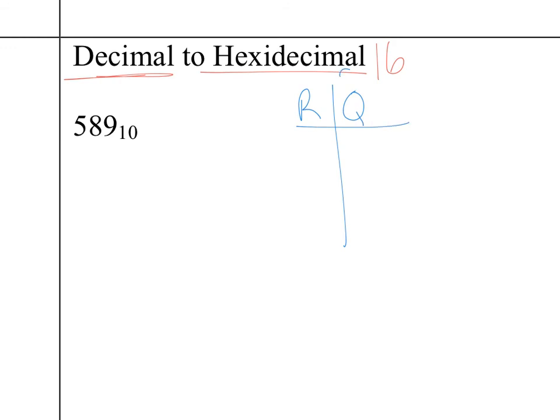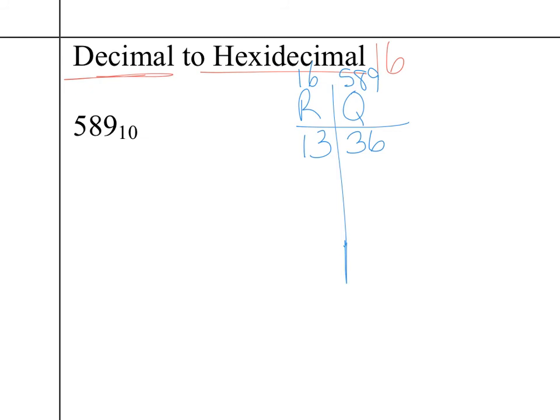So 589 is the original, and I'm dividing by 16. So if I divide 16 into 589, it goes 36 times with a remainder of 13. The remainder is different than the decimal thing that you get when you divide, so you need to figure out how to get that 13 out of there. I'm fairly confident you can do that.